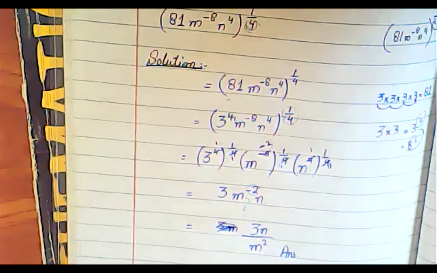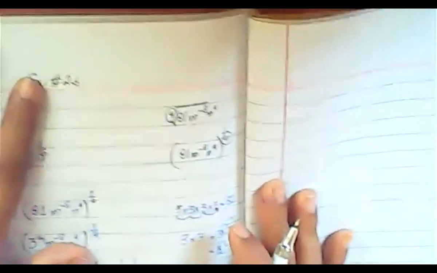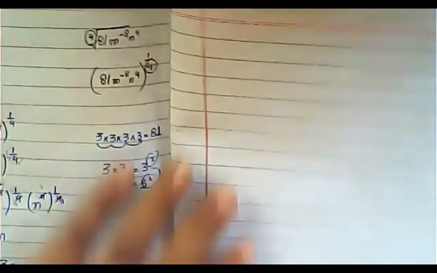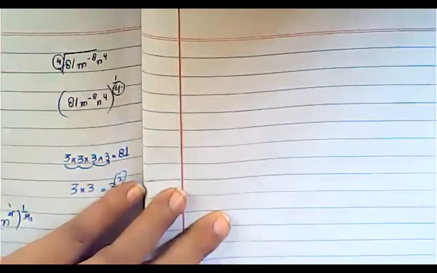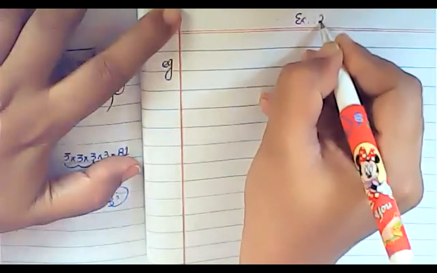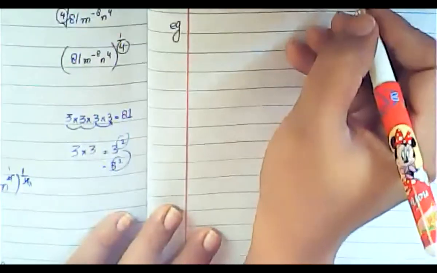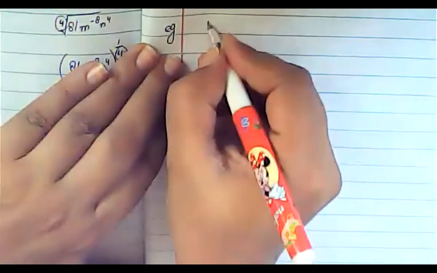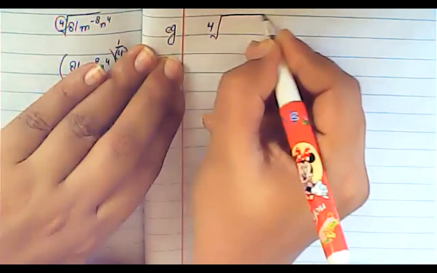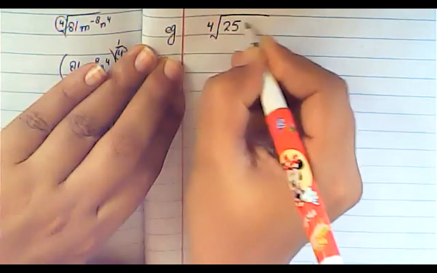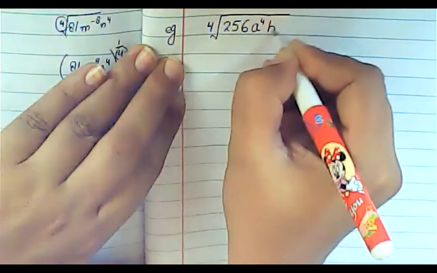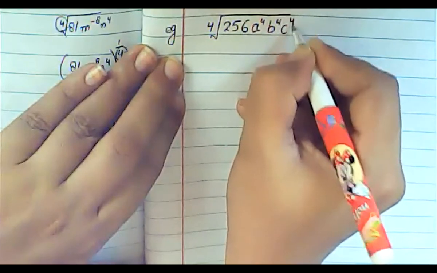Okay. Now, look at here. What is your next question? Next example here is from 2.7, fourth root 256 A4, B4 and C4.